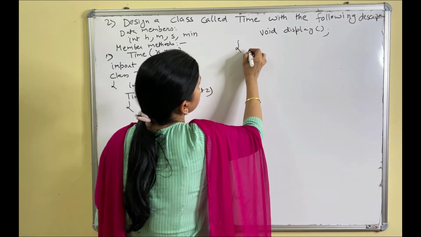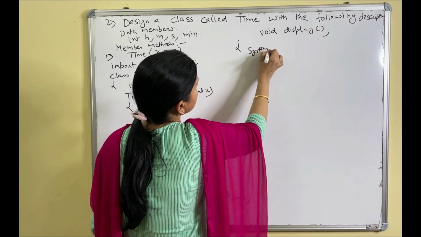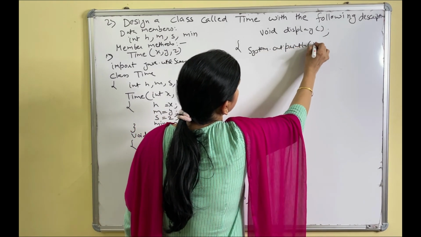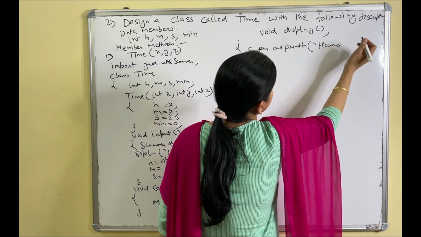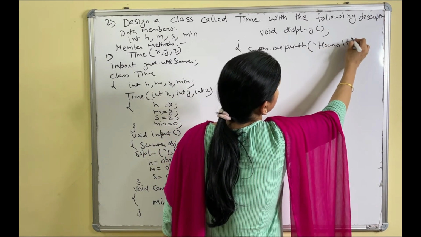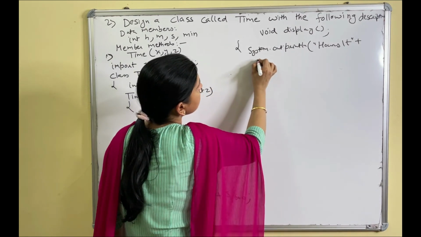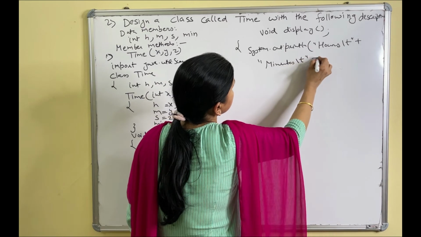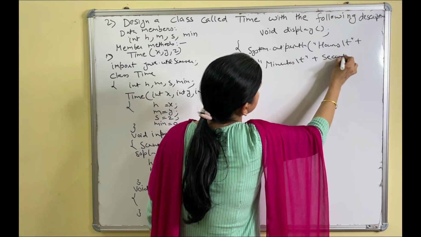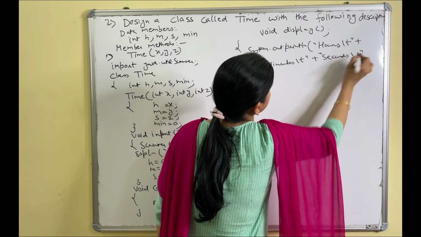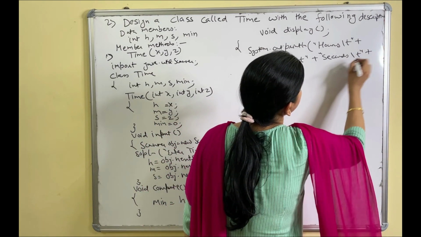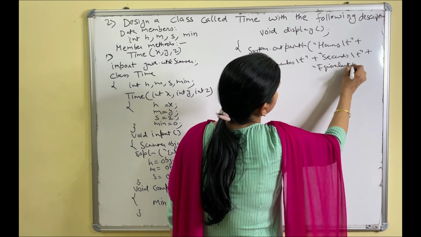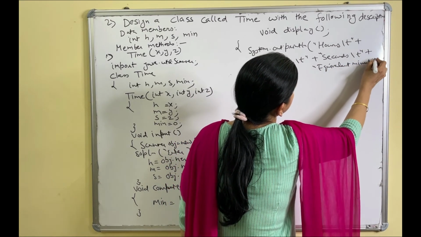So first we will display the format with System.out.println, and the format was hours, right, \t, then minutes, \t, and then seconds, \t, and one more was equivalent minutes, right?